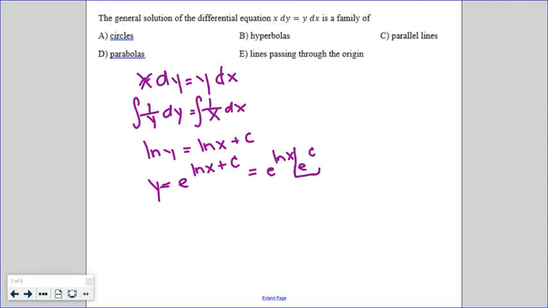Well, e raised to the c, that's a constant raised to a constant. That's just a constant. E raised to the natural log of x, remember that if this is the same base, e and natural log are the same base, that we just get an x for that.